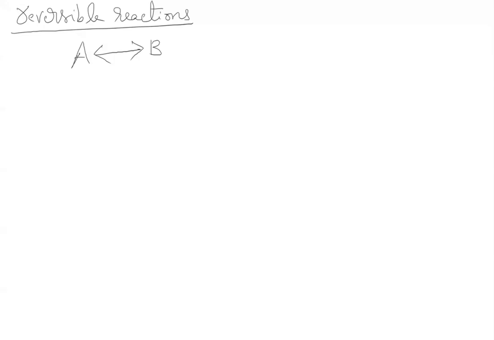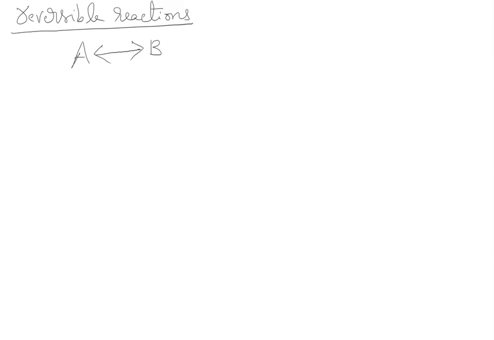Only thing is, if you give enough time, every reaction will reach some equilibrium. Some reactions achieve 100% or 90% conversion because you are not giving enough time for the reversible reaction. Clear? So most of the reactions are reversible.